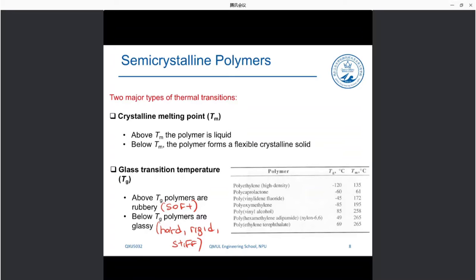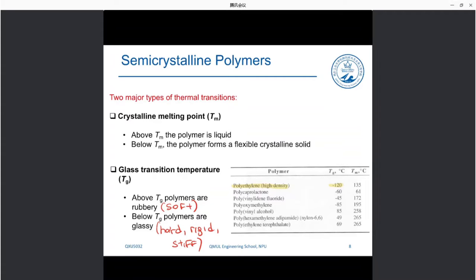Let's look at some characteristic types of polymers and their transition temperatures. So for high density polyethylene, which we said is one of the most interesting engineering materials because we can use it for so many advanced applications. Of course, we said that ultra high density is the most advanced, but anyway. So polyethylene has a glass transition of minus 120 Celsius degrees.